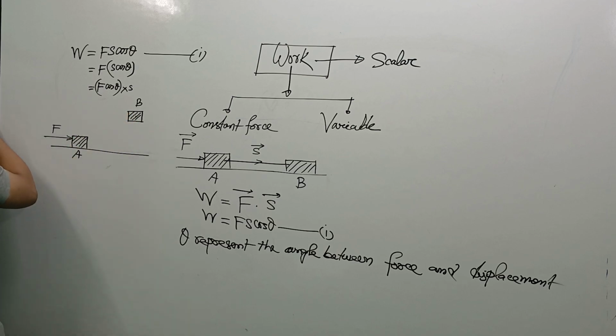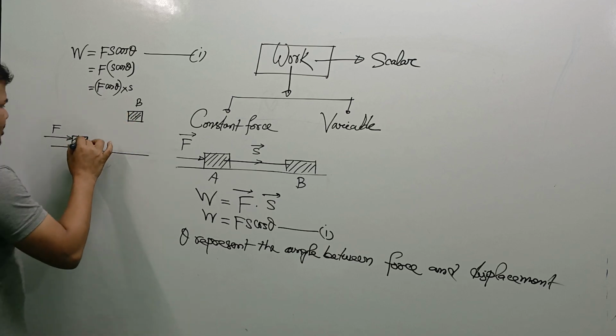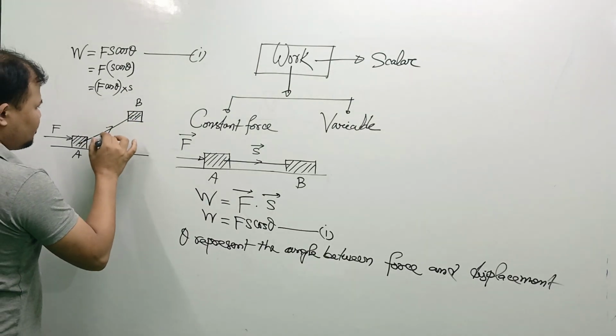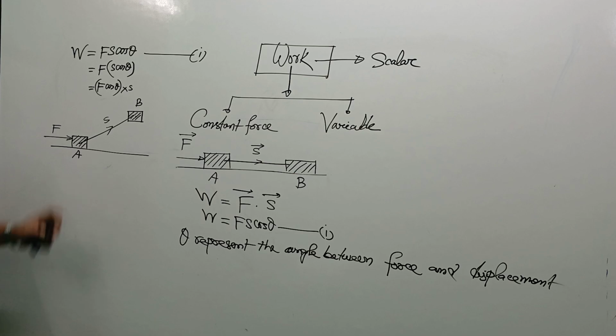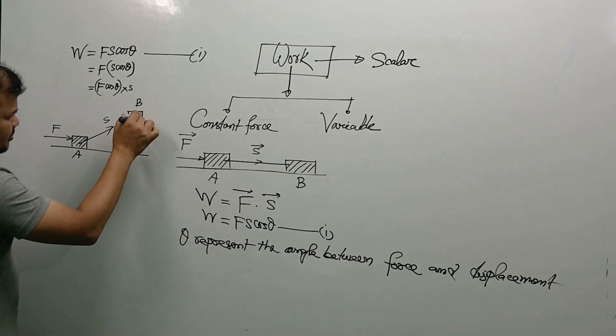So this is the direction of the displacement. My dear student, as this is the direction of the displacement, but for measuring work we must take the displacement along the direction of the applied force. Now we can do this.